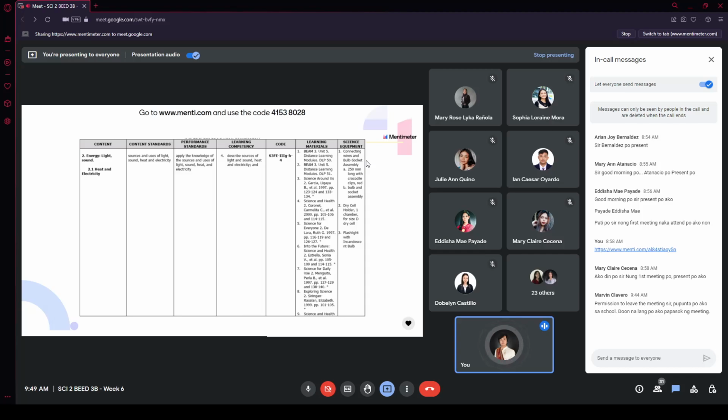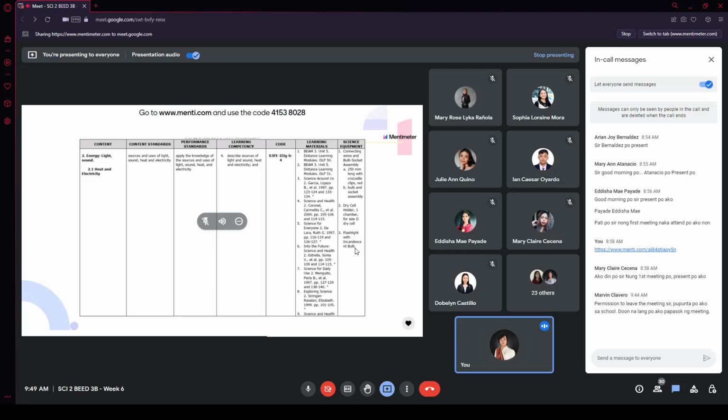So in our electricity and magnetism class, we can create a simple series circuit where we already have, what's the proper term? Let's say the box for the battery. So once you input the box, you have your switch which could light up the lamp or the light bulb. So yeah, the dry cell holder, flashlight, incandescent bulb.